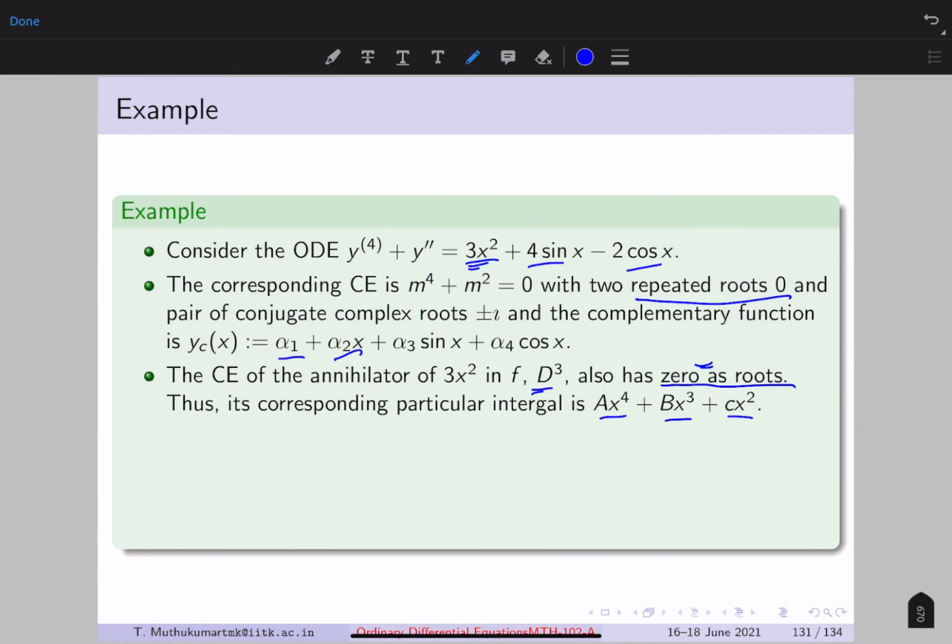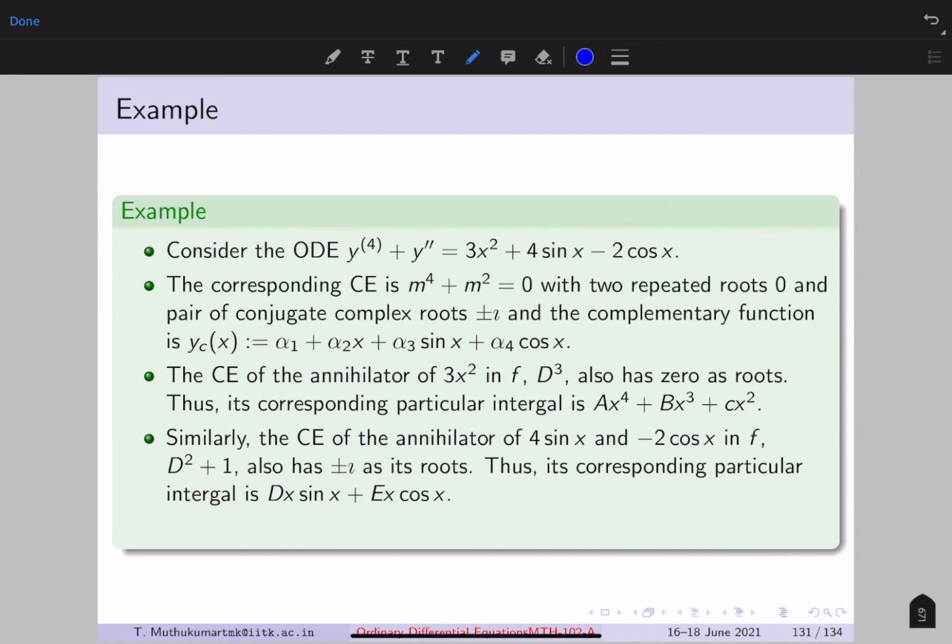Now what about 4 sin x? The 4 sin x minus 2 cos x has the annihilator D square plus 1, which has the complex roots plus or minus i, which means the corresponding solution, so real part is 0, so exponential of 0, is a linear combination of sine and cos. But a linear combination of sine and cos is already appearing here in the complementary function, so you need to choose a linearly independent choice from this.